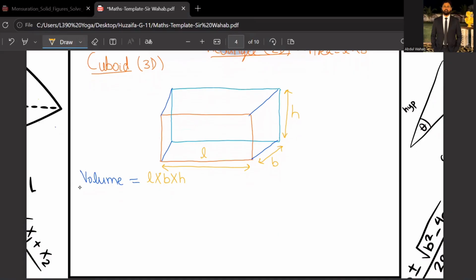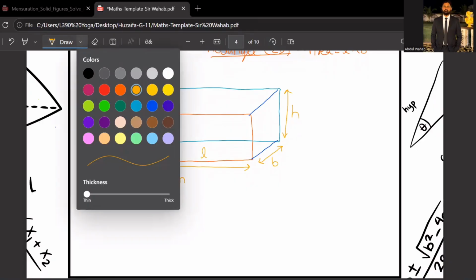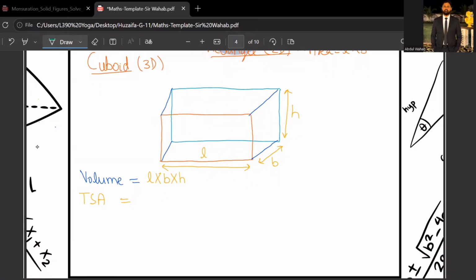Now, if you need to find the total surface area of this cuboid, it's a little bit tricky. Why? Because in a cuboid we have six sides like the cube, but all six sides are not equal.